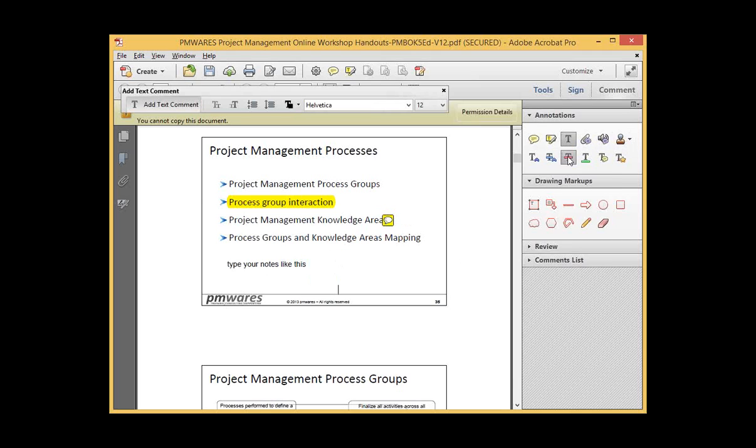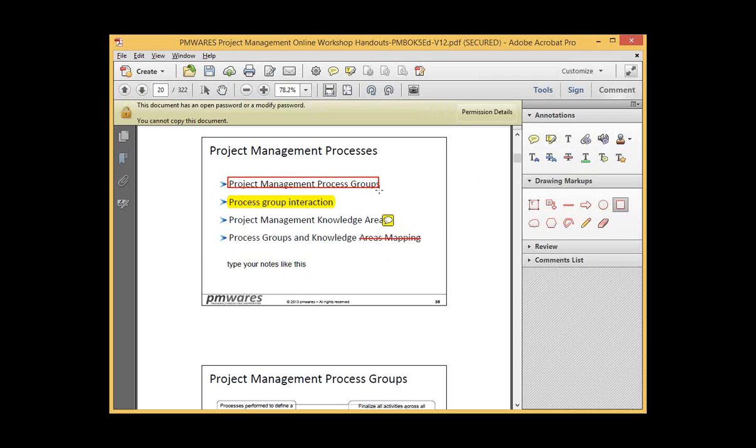If you want to cancel some part, you can cancel that part. If you want to highlight a little bit more, you can highlight like this. If you want a specific place, put this text box and type your notes like this. So there are various options available here which you can use as per your time and convenience.